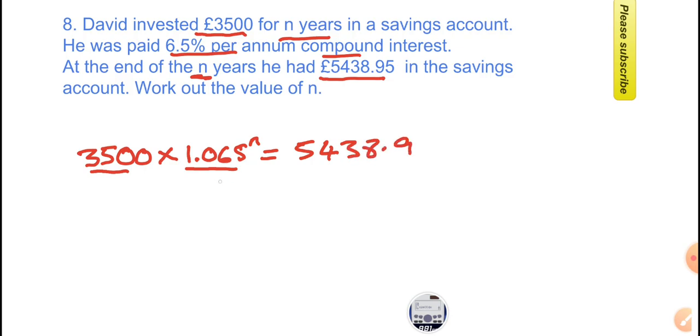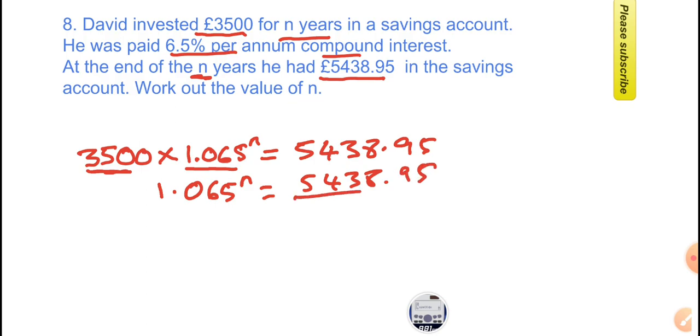So if we now divide both sides by 3,500, we have 1.065 to the power of n is equal to 5,438 pounds and 95 divided by the 3,500.